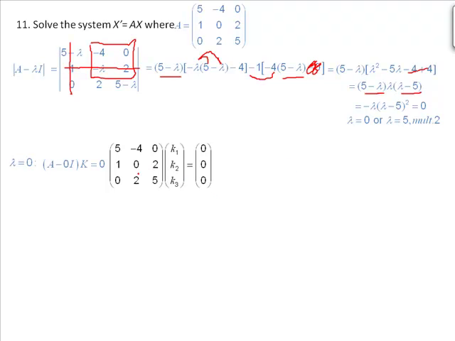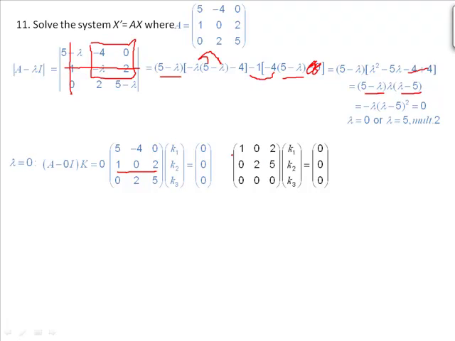What I did is I did row operations to solve the system. Notice that I took my second row, brought it up here to the first row, right there.